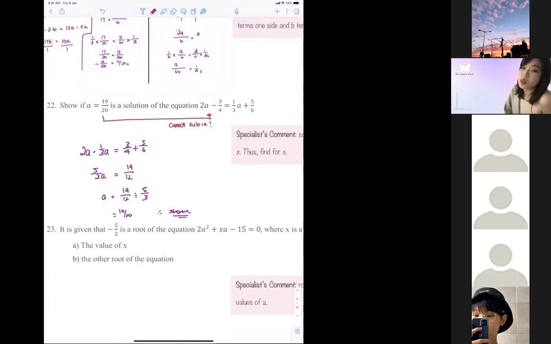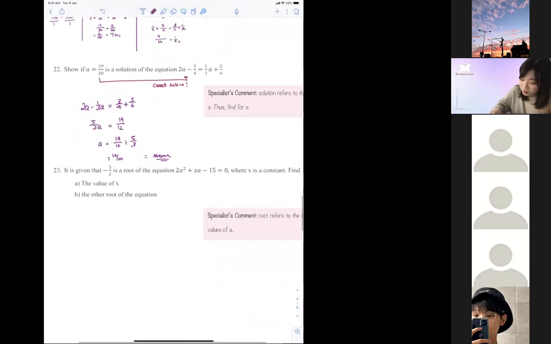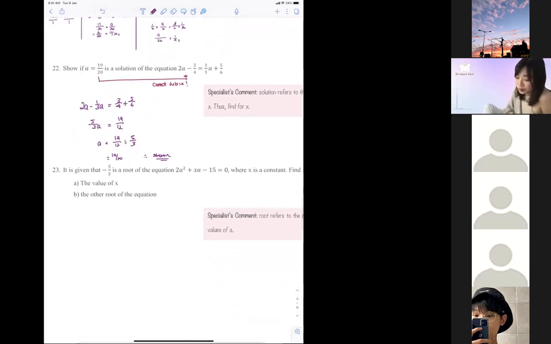All right, last one. Last one, when they say that this is a root. Everybody see here first. I'll let you copy later if you haven't finished copying. If they say that minus 5 over 2 is a root, or in other cases, root is the x-intercept of the graph.